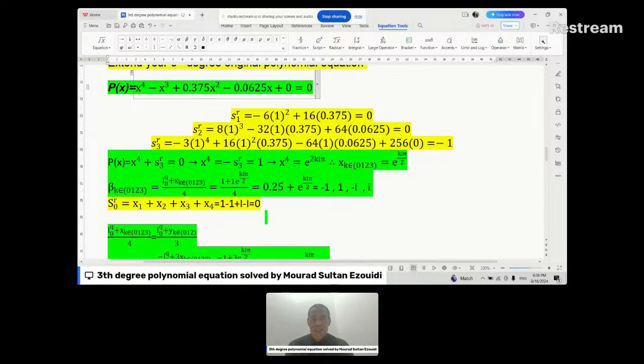Therefore, xk, with k from 0 to 3, is equal to exponential 2k i pi over 4. I will simplify by 2 on top and on the denominator, so this will be equal to exponential k i pi over 2, k of course belonging to 0, 1, 2, and 3.